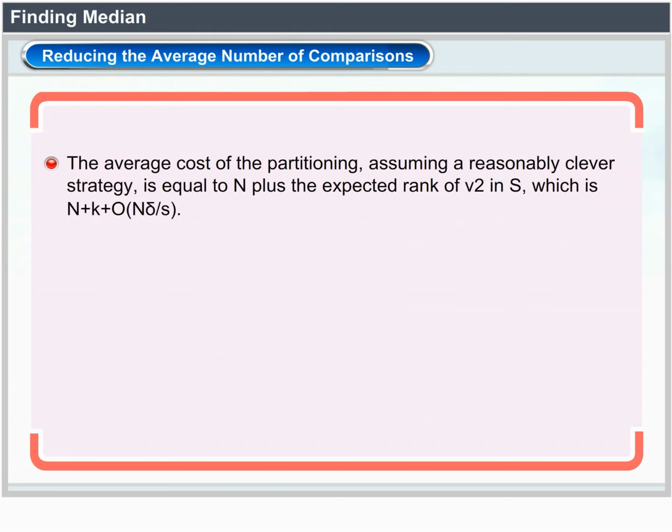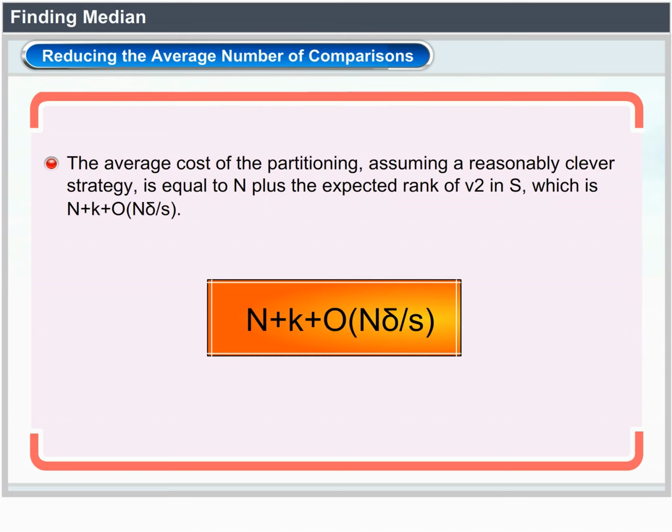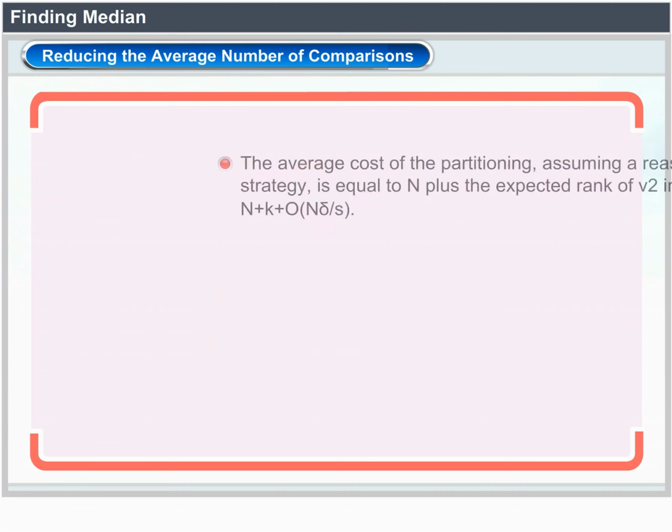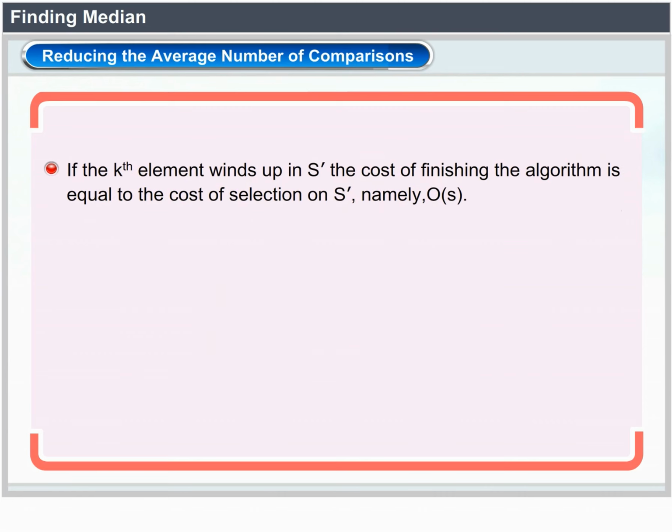The average cost of the partitioning, assuming a reasonably clever strategy, is equal to n plus the expected rank of V2 in S, which is n plus k plus O(n delta/s). If the kth element winds up in S', the cost of finishing the algorithm is equal to the cost of selection on S', namely O(s).